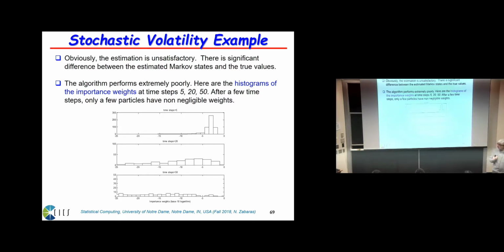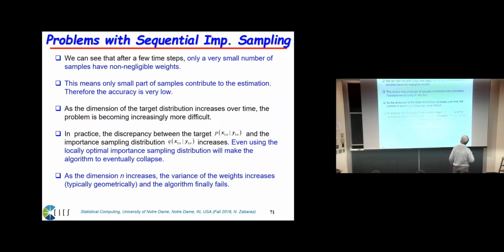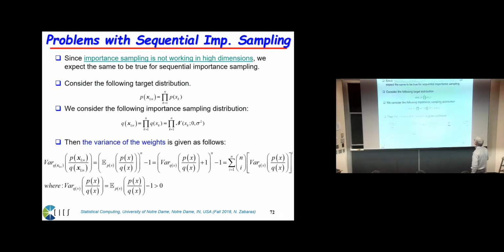Because the idea here is, if a sample has very small weight at time n, it's going to have very small weight at n plus 1. So carrying this with you is not going to be very helpful. And somewhere in passing, I already talked about resampling. We will do this on Thursday.